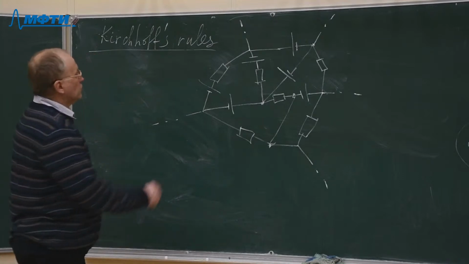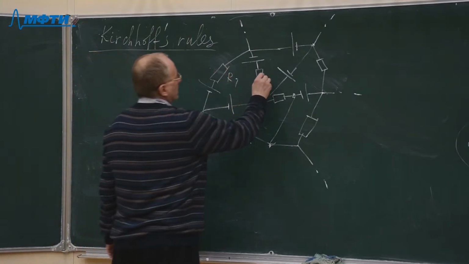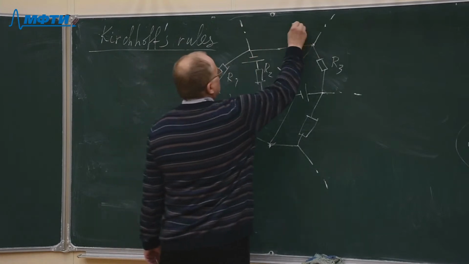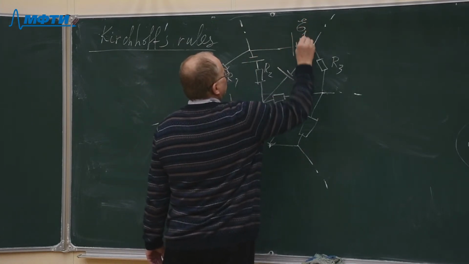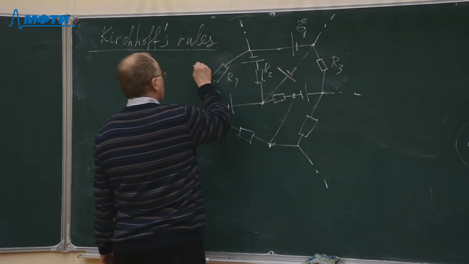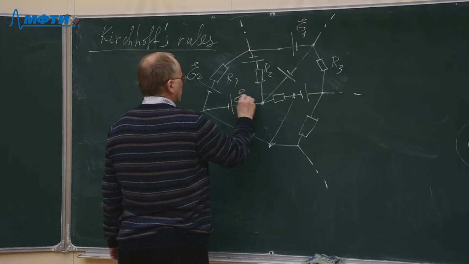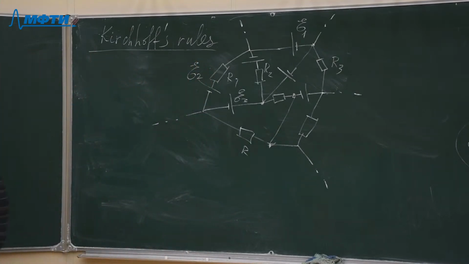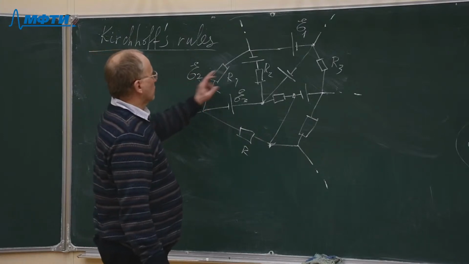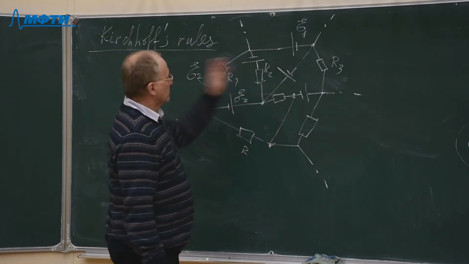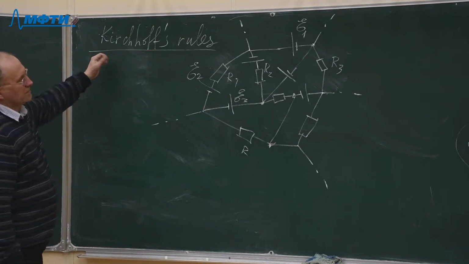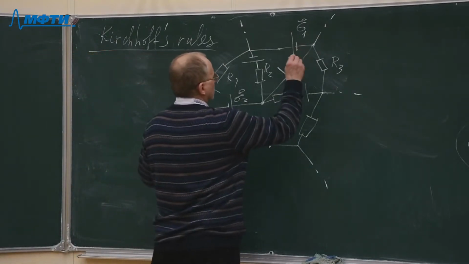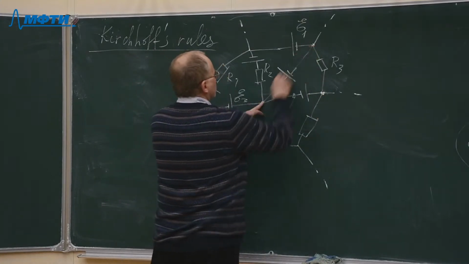If you know the elements of the circuit, that is, all the resistances are known and the electromotive forces of all the batteries are given, then Kirchhoff's rules allow one to calculate anything in this circuit: the potential difference between any two points, or the current in any element, etc.